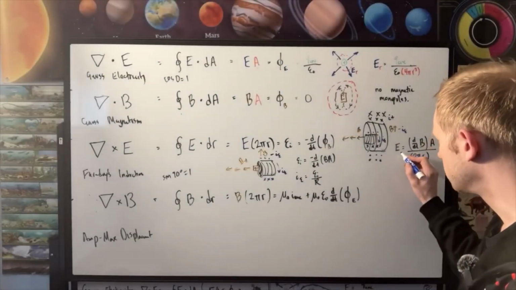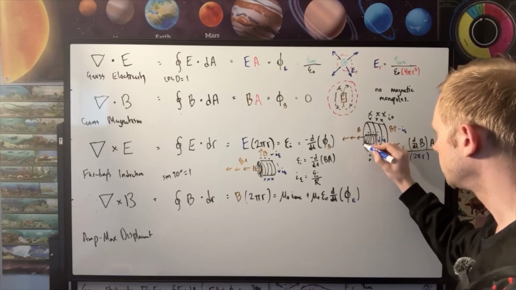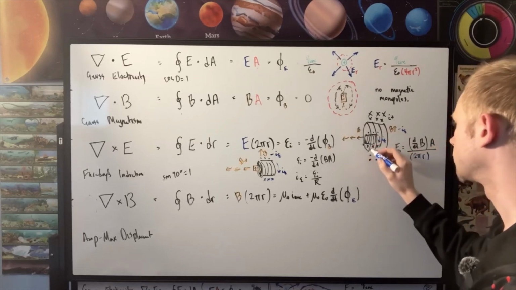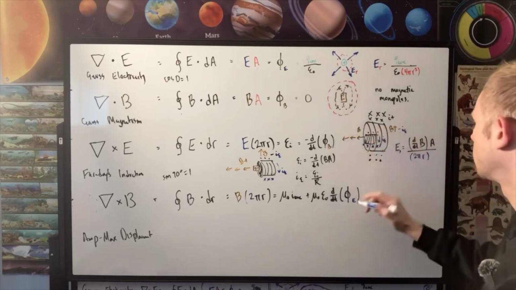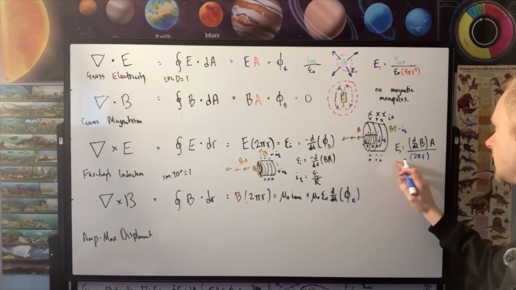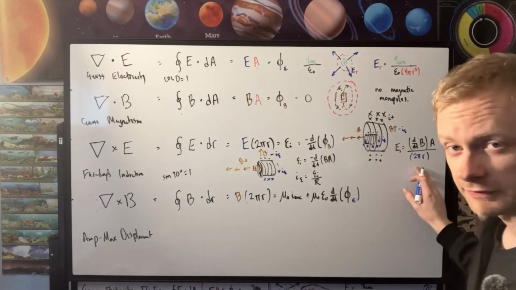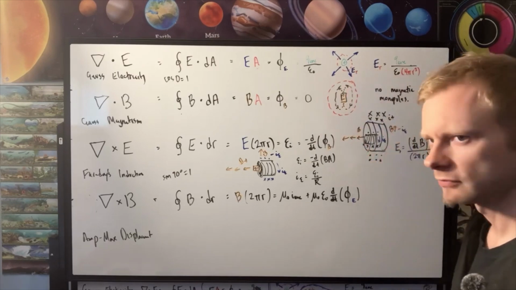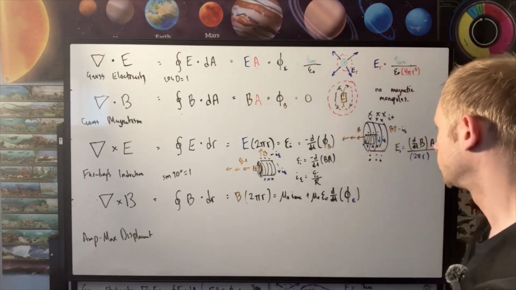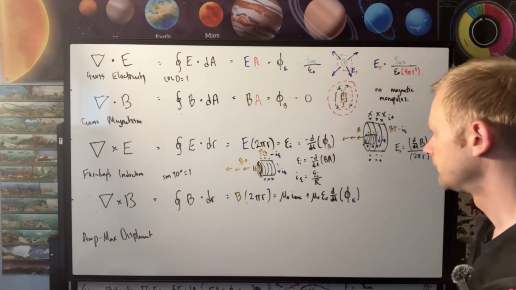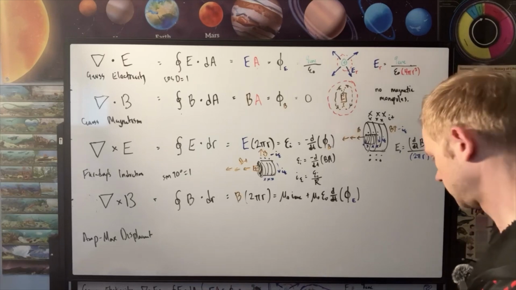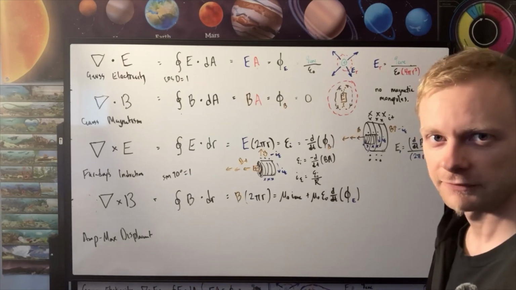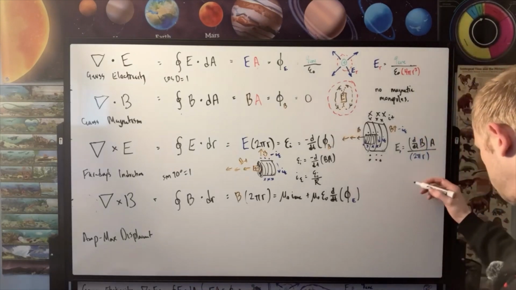So the electric field at this radius right here that we've distinguished from that particular coil is going to be calculated by this equation, similarly to what we did there. It's all about these imaginary loops, or physical ones if you want. But they don't really have to be physical. They can also just be imaginary.